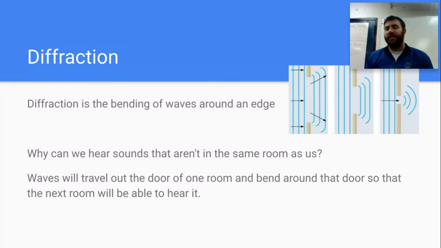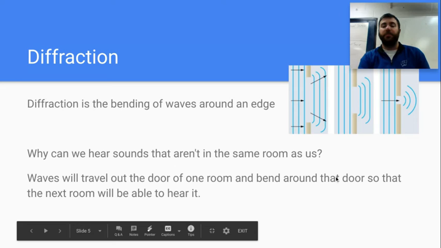We're not sitting in that same classroom. A little bit of it might be coming through the walls, but most of it is the sound waves exiting their room, bending around the edge of their door, and then bending into our door. So the waves travel out a door, bend around it, and the next room is able to hear it.